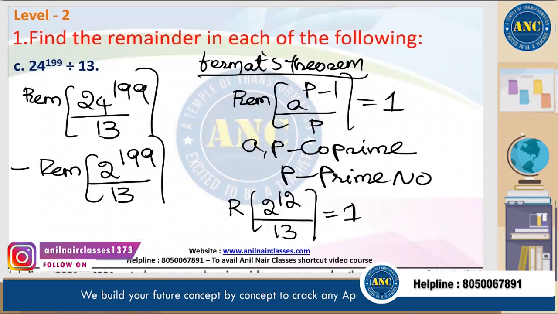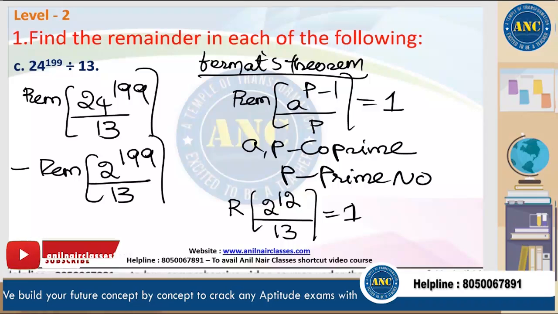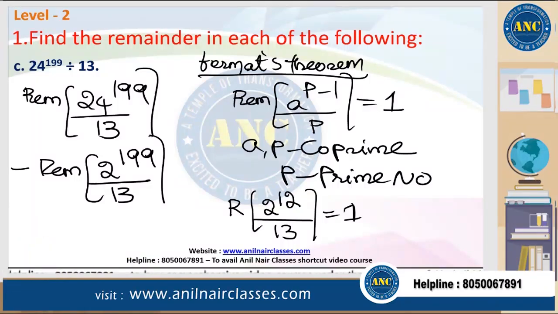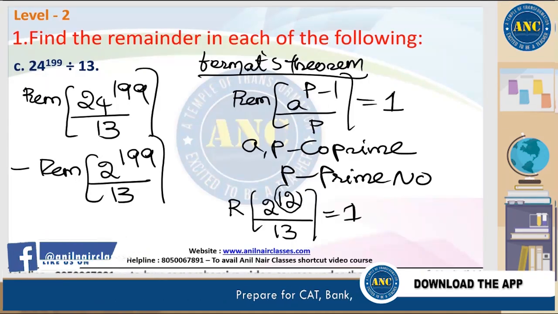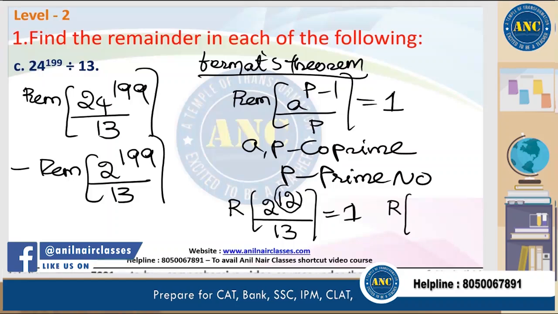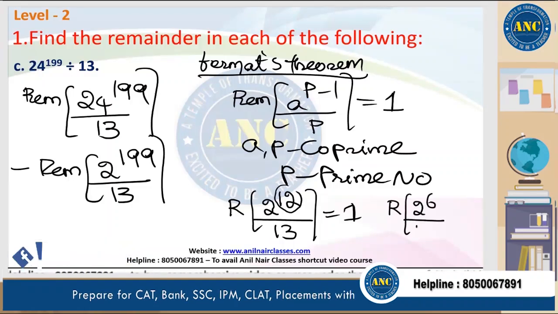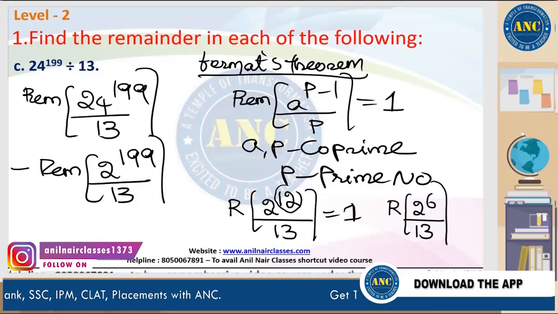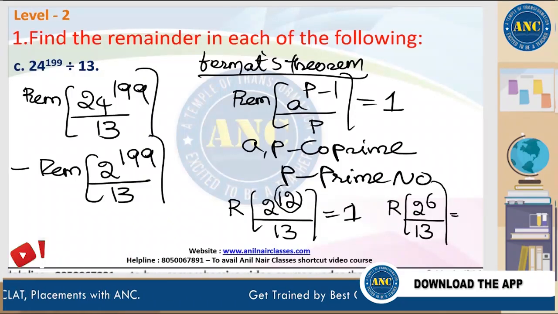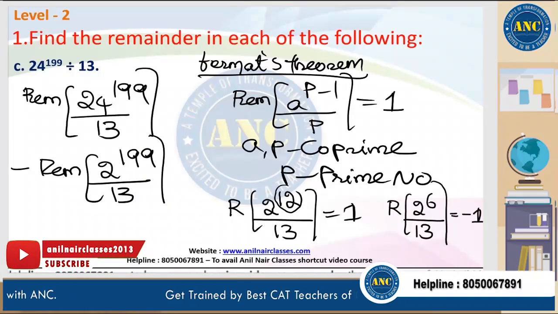So you can divide by 12. Remember, whenever 2 power 12 by 13 is 1, take all the factors of 12. Somewhere you will get plus 1 or minus 1 also. Suppose I take 2 power 6 by 13: 2 power 6 is 64, 13 fives are 65, negative remainder is minus 1.